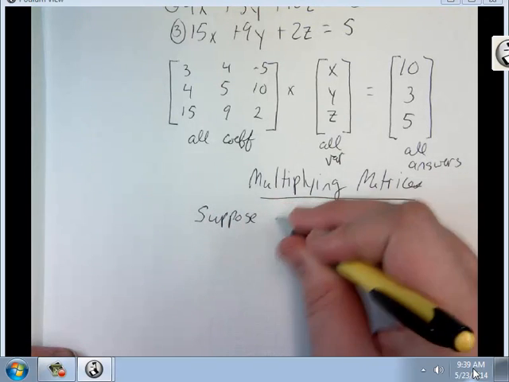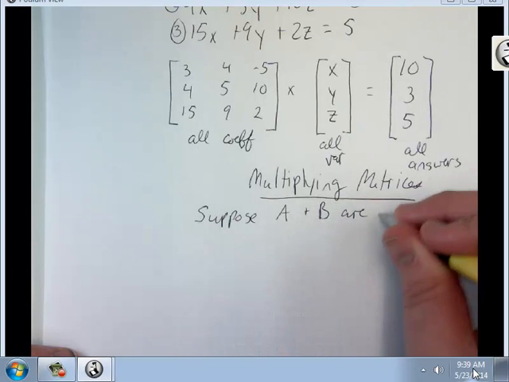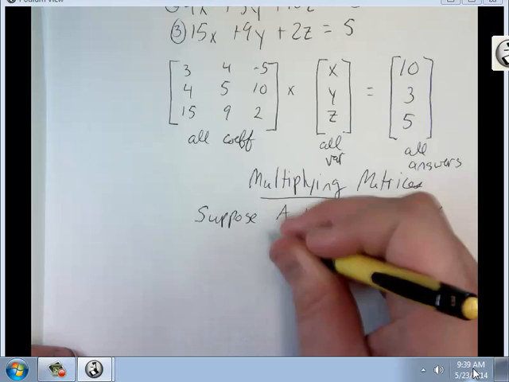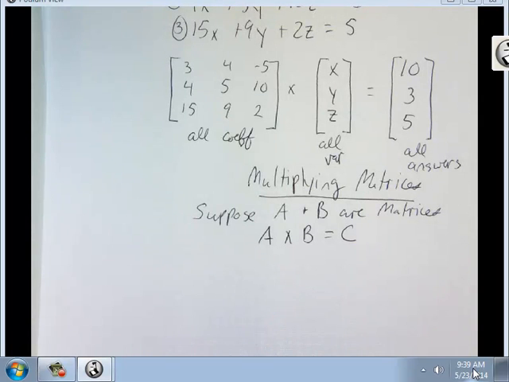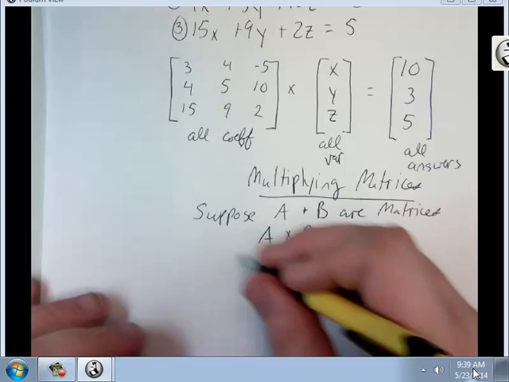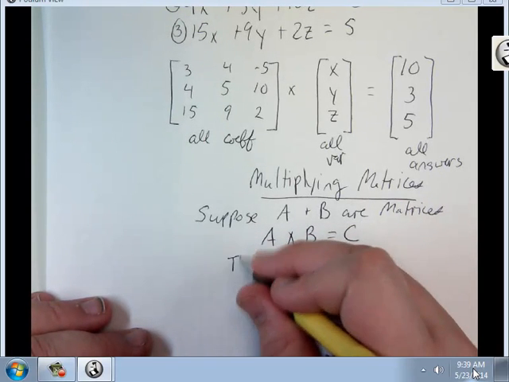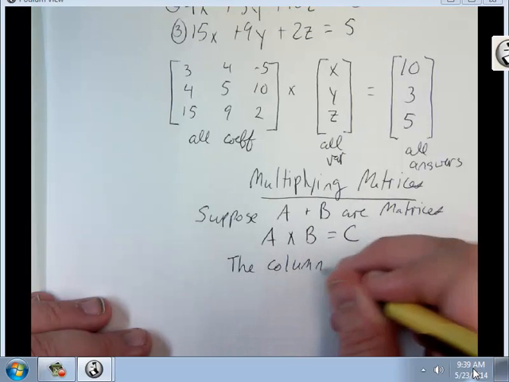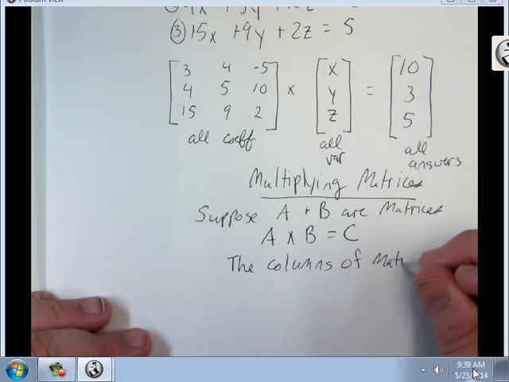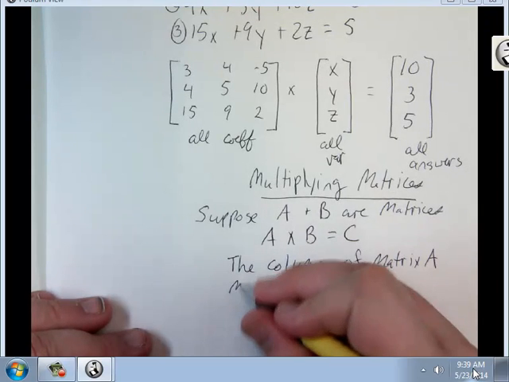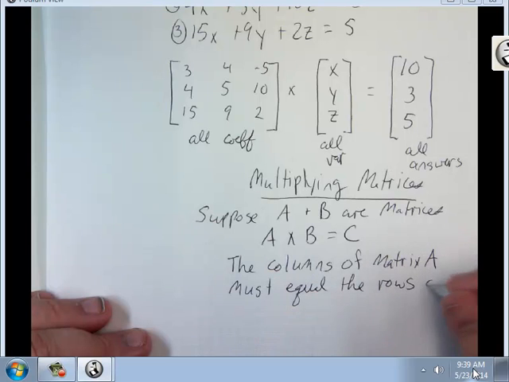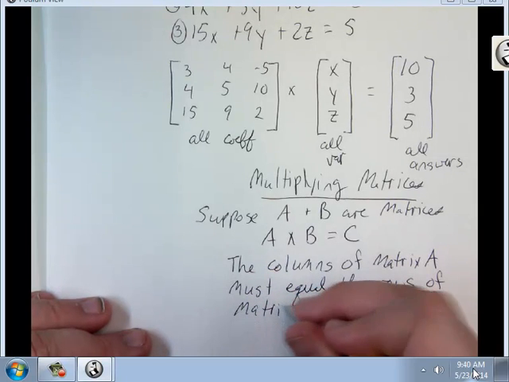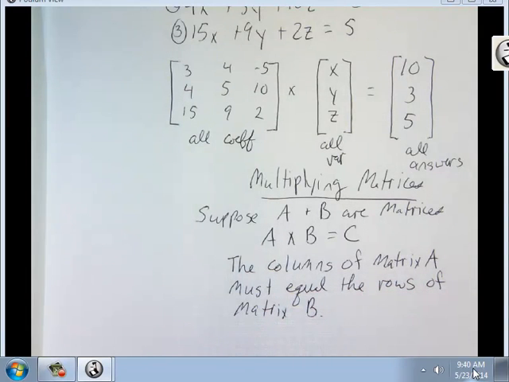Suppose A and B are matrices. A times B equals C. The columns of matrix A must equal the rows of matrix B. So let's use the above example.